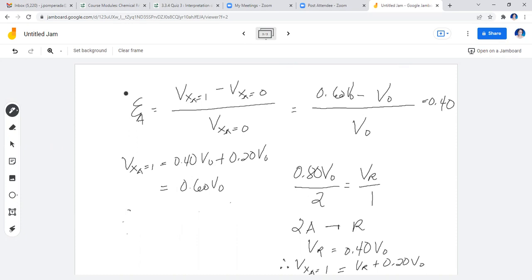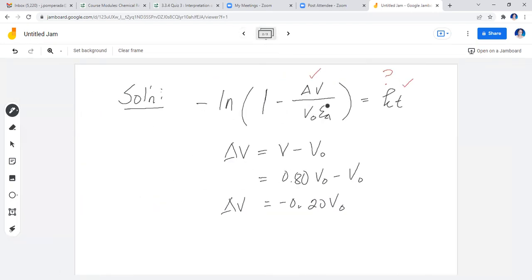The V sub O in the numerator cancels with the V sub O in the denominator. So epsilon A is negative 0.4. Now, since you know it's already negative 0.4, you can go back to this equation.